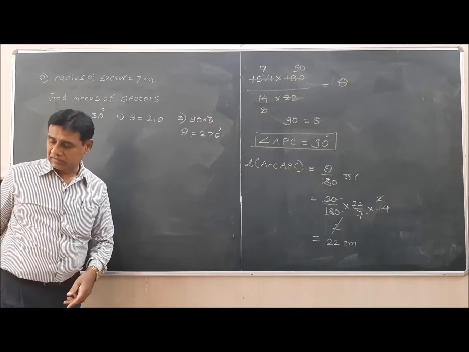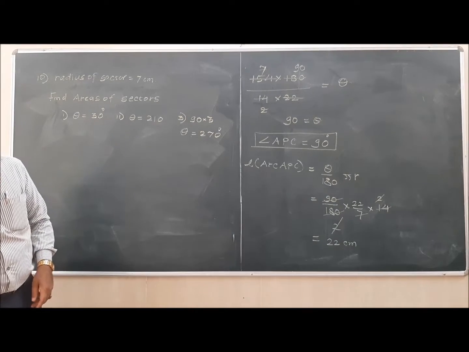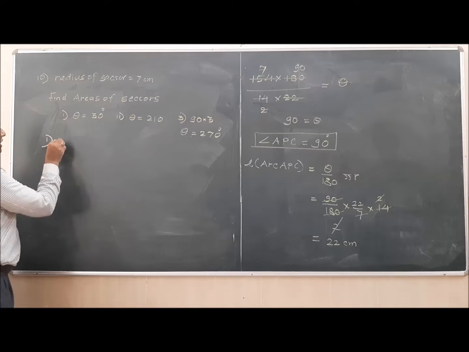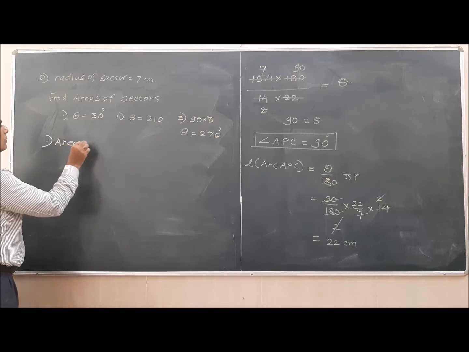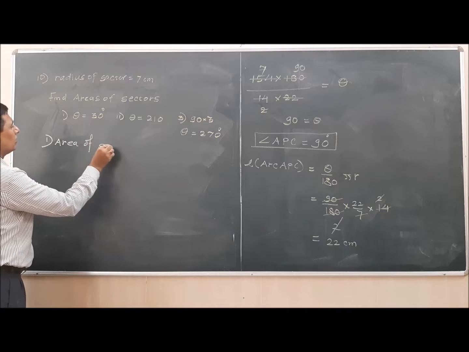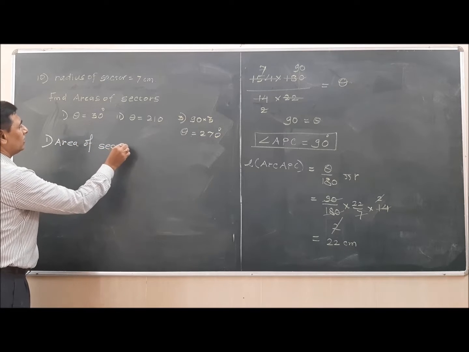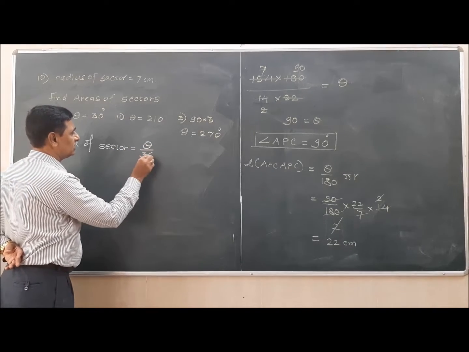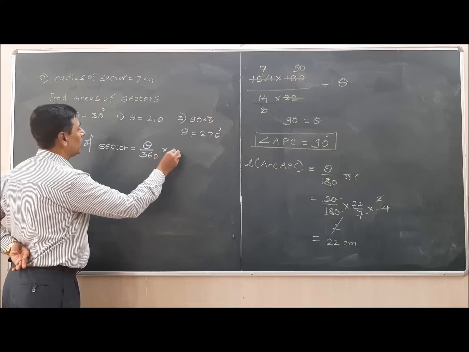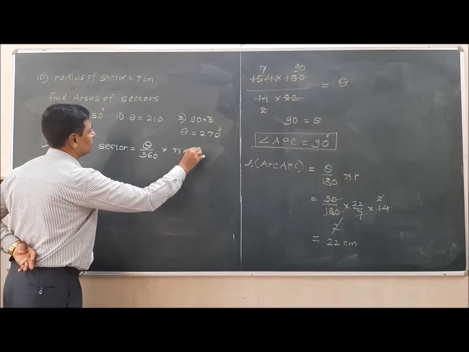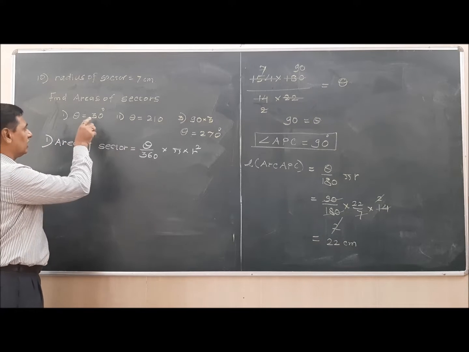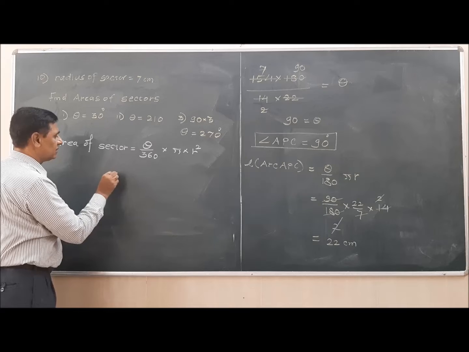First one, calculating the area of a sector. You all know the formula very well. Area of a sector is equal to theta upon 360 into pi into r square. Theta stands for central angle. In the first case, it is 30.